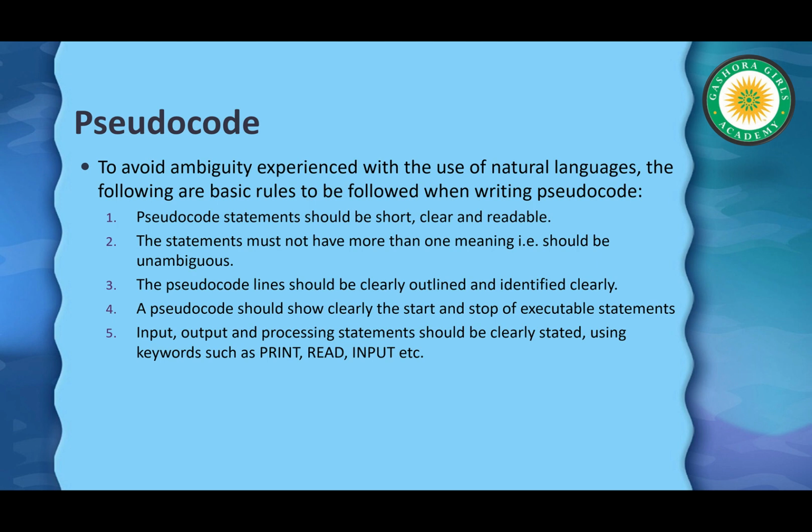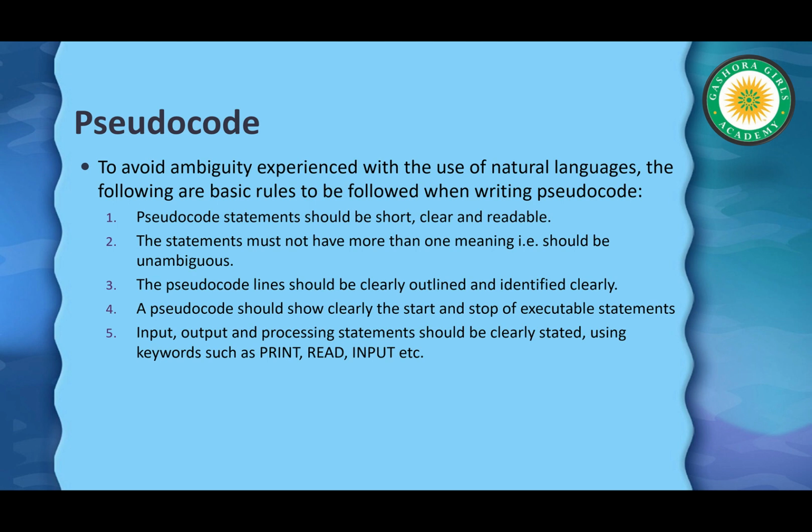The statements must not have more than one meaning, which means you should avoid any kind of ambiguity. So you have to make sure that each instruction you write has a unique meaning so that it cannot confuse the programmer or anyone who is going to read your pseudocode.